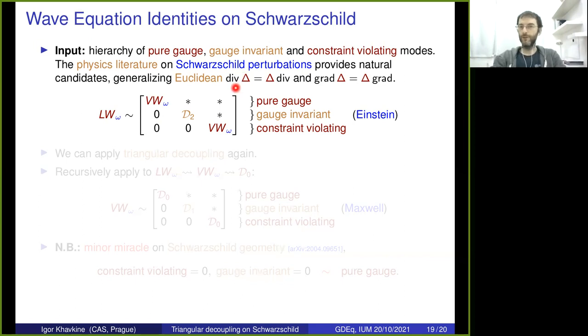And this is separation into so-called gauge invariant, pure gauge, and constraint violating modes.